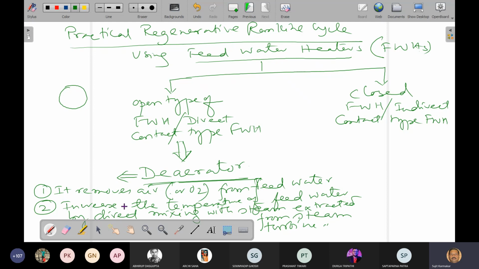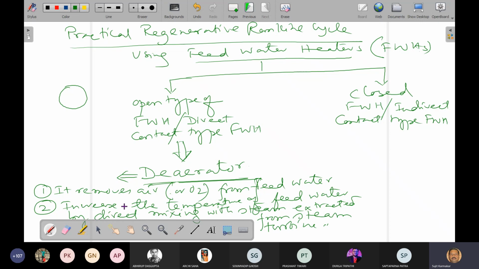What is your doubt? Sir, as we are decreasing the pressure in the condenser, generating negative pressure, for what reason? To decrease the saturation temperature of the water. No, it is not that way.